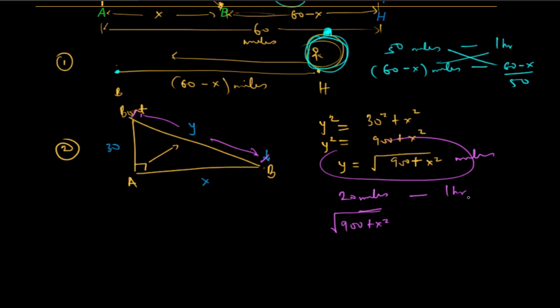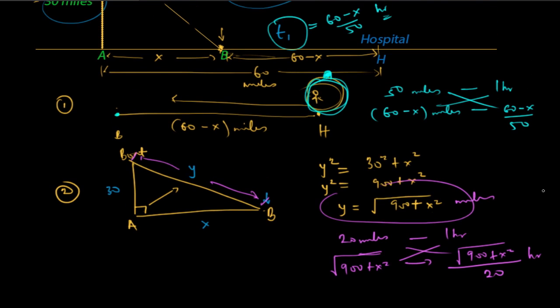We know that 20 miles is to 1 hour, so how do we find the time for root 900 plus x squared miles? We cross multiply like we did. This time is 1 times root 900 plus x squared, divided by 20. So this is the time taken for the driver of the boat to reach this point here.